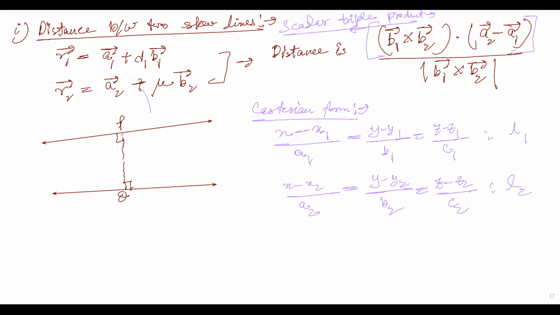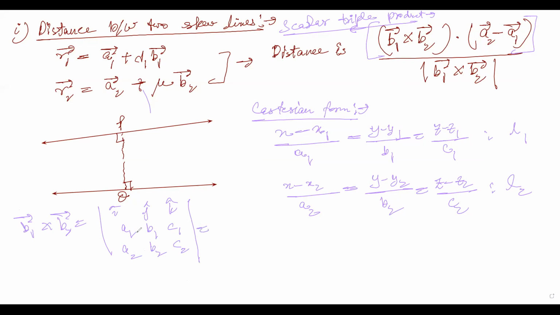Did you get it? Rather than doing this process, let's find out b1 cross b2, which would be the determinant with i, j, k, then a1, b1, c1, then a2, b2, c2.